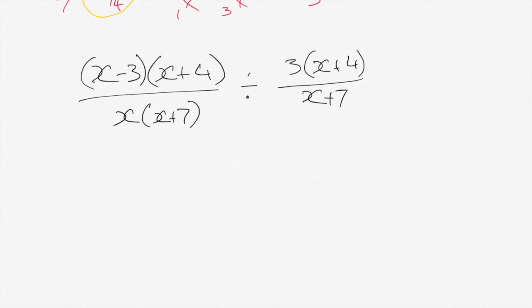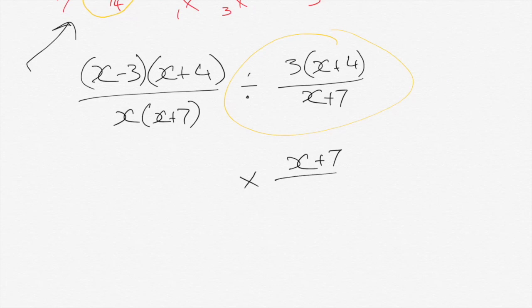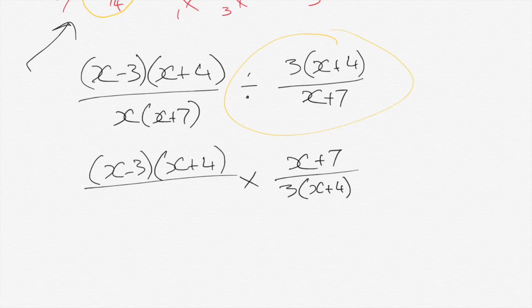Well, using the same skills we discussed up there for primary school, we can see we're dividing by a fraction, and so let's turn that into a multiplication of the upside down fraction. We'll put our x plus 7 on the top, we'll put our 3 lots of x plus 4 on the bottom, and let's keep this fraction the same. X minus 3 lots of x plus 4 all over x lots of x plus 7.